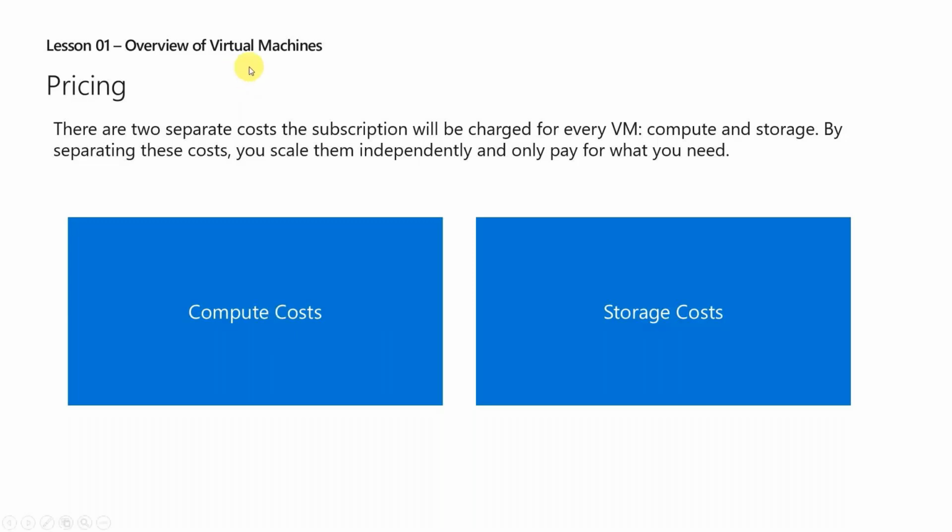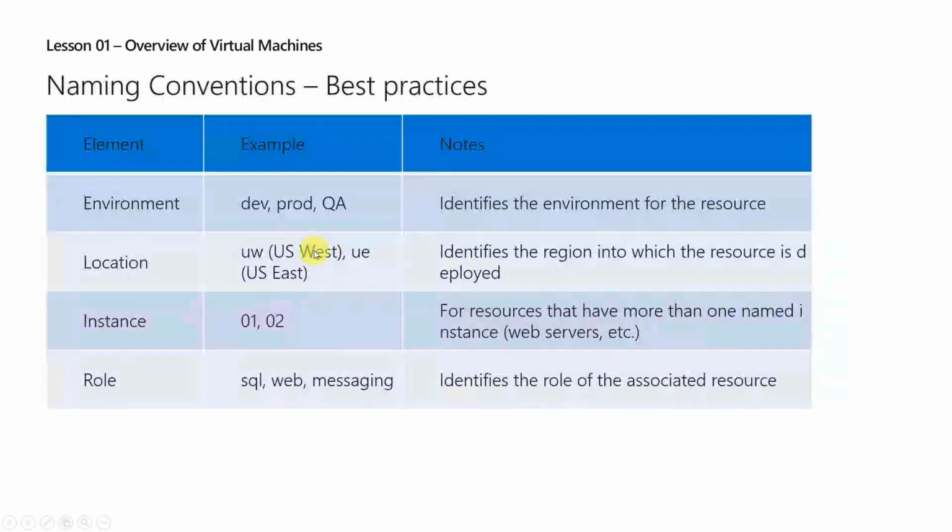And whenever you create VMs, a very important thing is naming convention. I think we already discussed it. So it's very important that you follow naming convention everywhere, because very soon you will end up having hundreds of Azure resources. So naming convention must be decided upfront. In general, this is a very simple naming convention, but it changes from organization to organization.